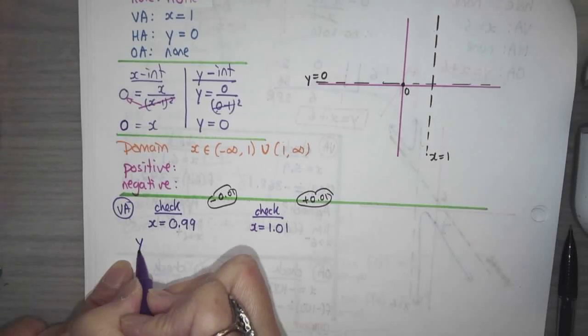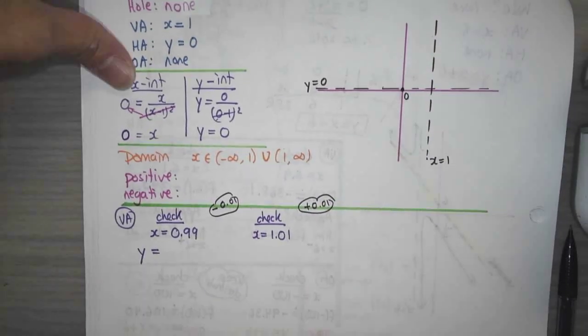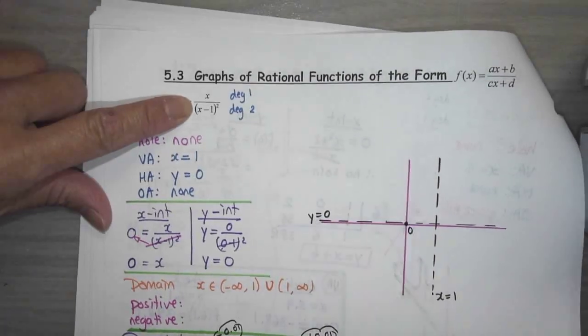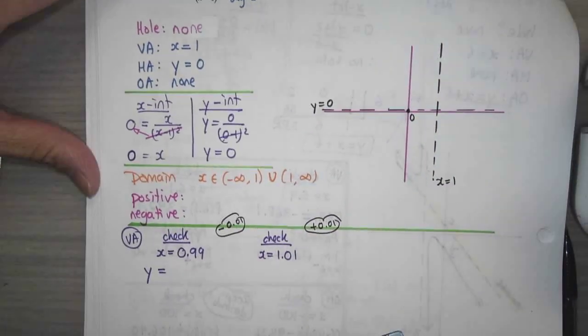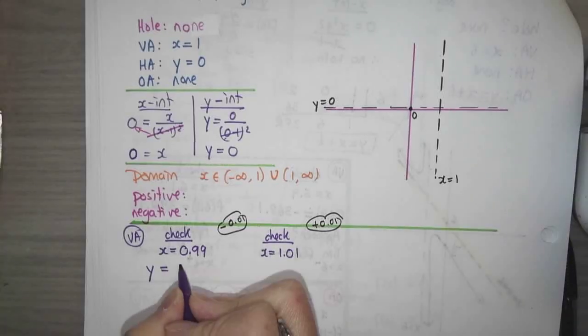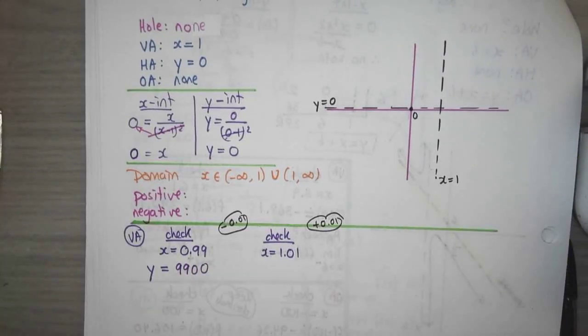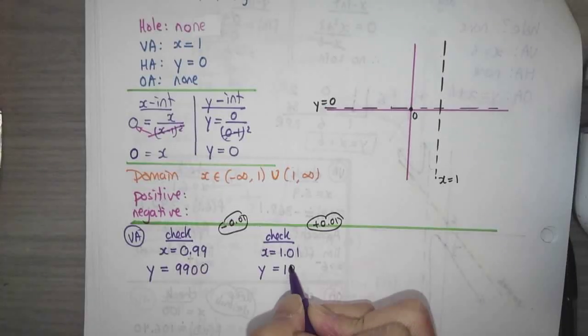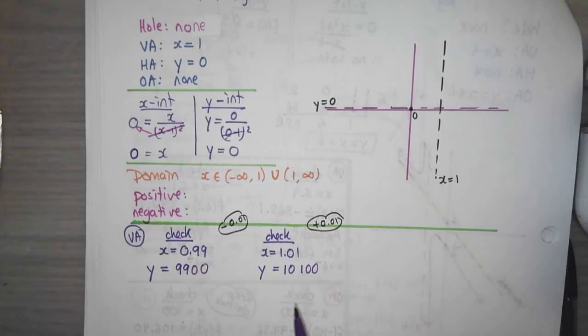Then you're going to find your y value. When I plug 0.99 in here, make sure you use your brackets in your calculator work, I got 0.99 over something, about 9900. When I put in 1.01, I got exactly 10,100. So that means this is a very large positive number, and that one is a very large positive number as well.